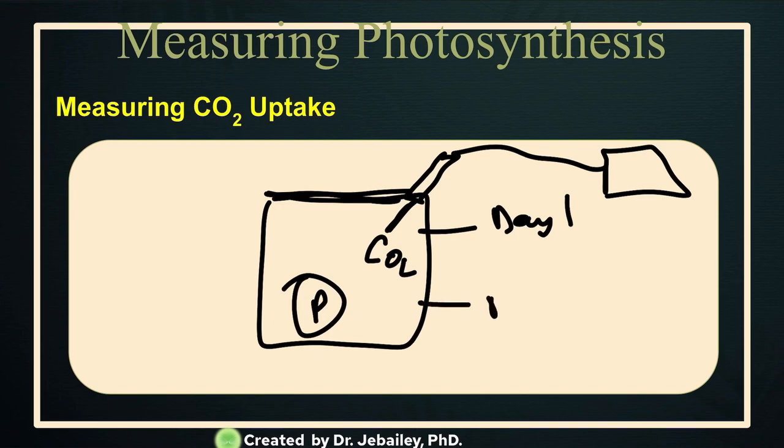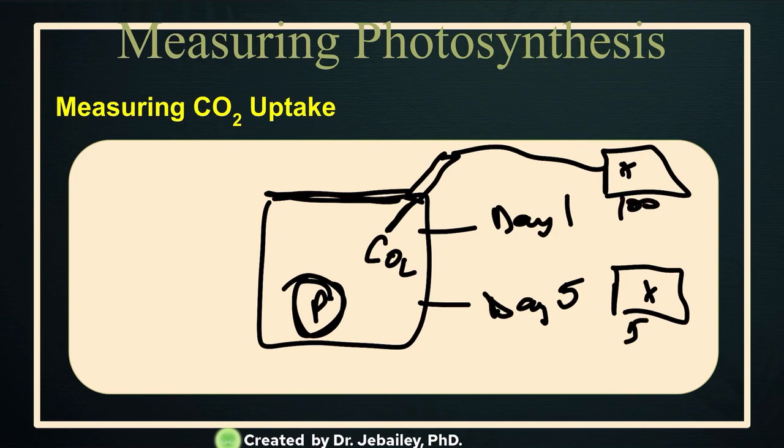And then you measure on day, let's say 5, and you figure out what was the amount of CO2 on day 1 and what was the amount on day 5. And you can see how much CO2 has been absorbed by the plant. If the CO2 dropped, let's say from 100 to 50, that means 50 of the CO2 was absorbed by the plant. So that means there was photosynthesis actually happening.